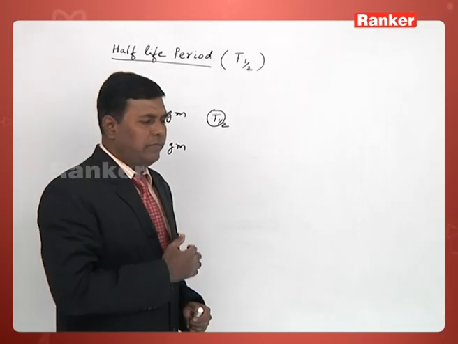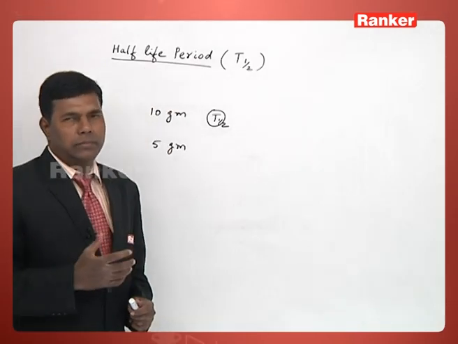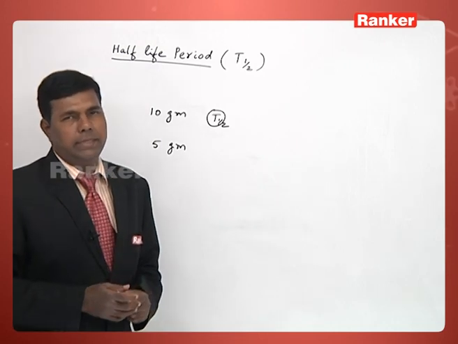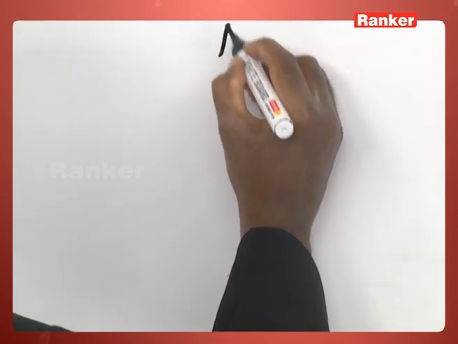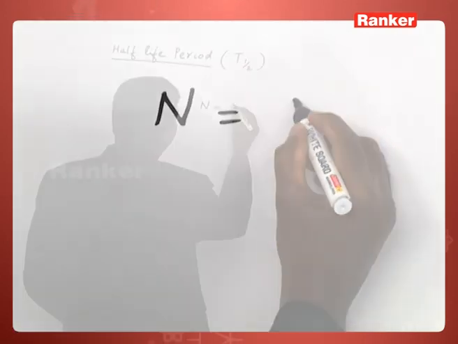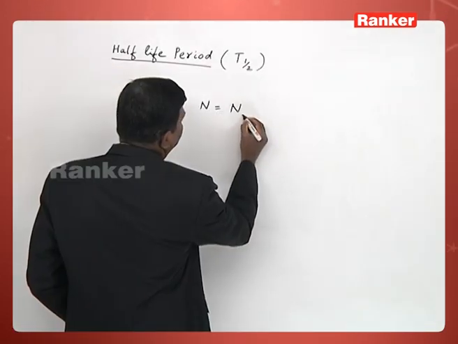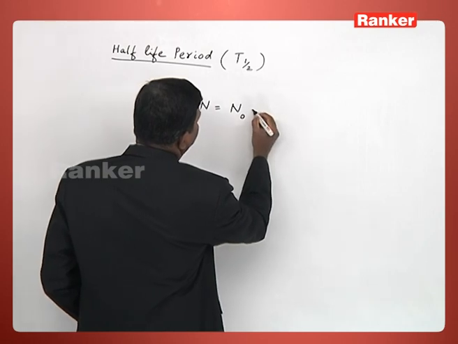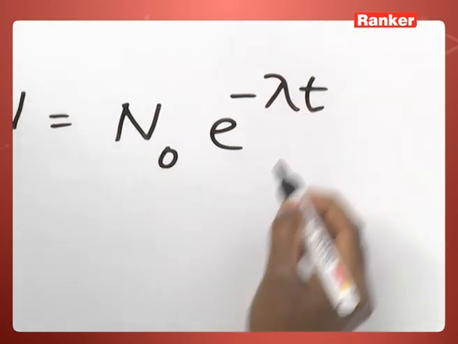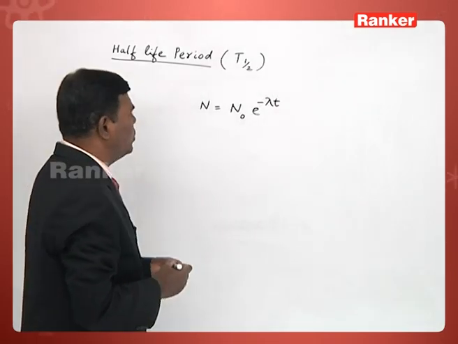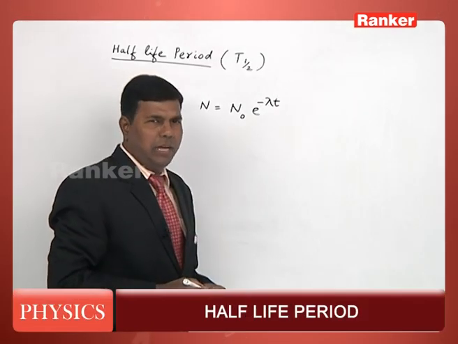We have an expression for this in terms of disintegration constant or decay constant. We will see that now. Let's start with the law of disintegration, that is N is equal to N naught into e power minus lambda t.